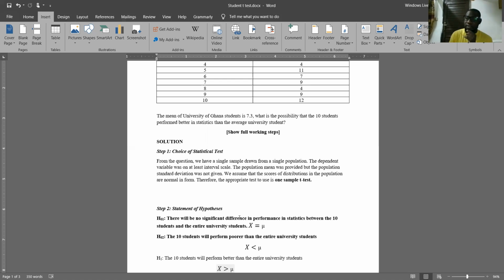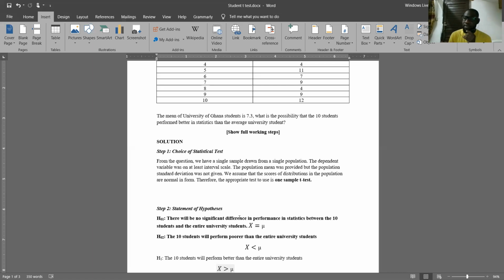So it means that after you've been able to decipher your H1, you need to ask yourself, this hypothesis, is it directional or non-directional? And how would you know that it is directional or non-directional? For a directional hypothesis, always they will tell you one of the members or one of the groups will be greater than or less than, or will perform better or worse.